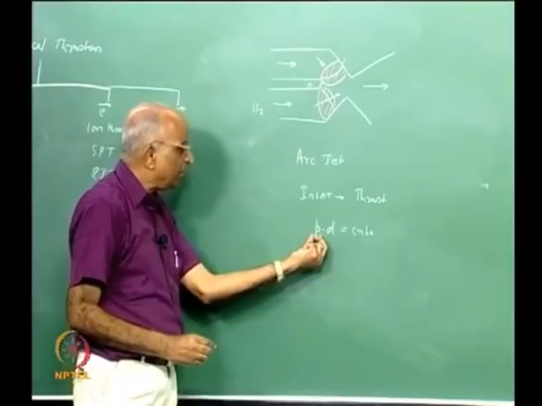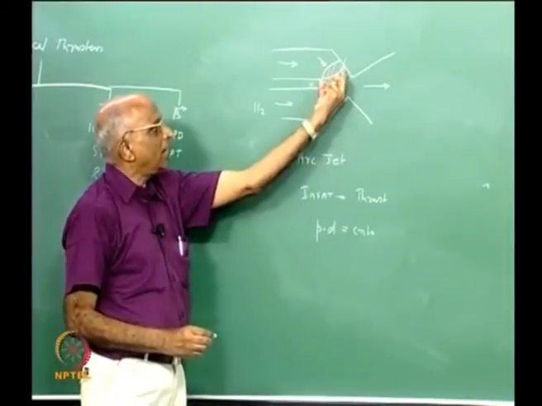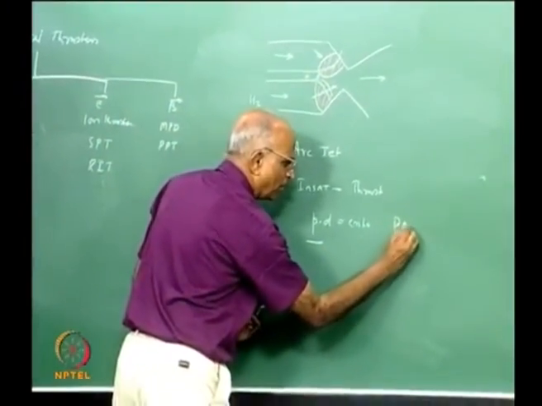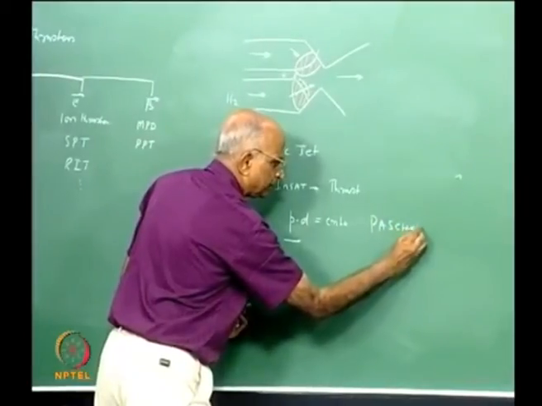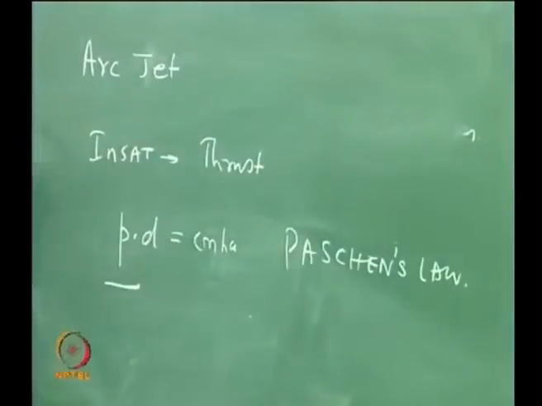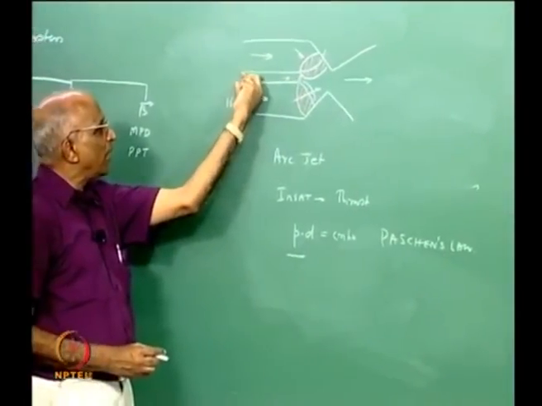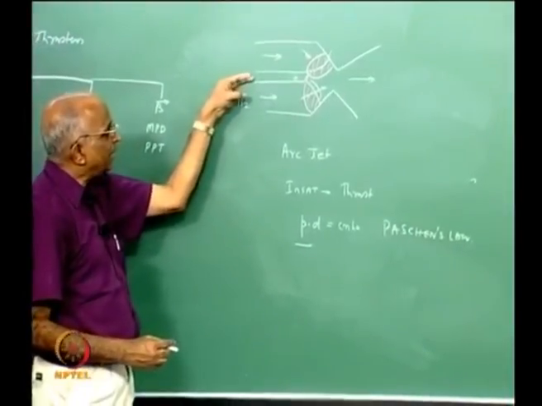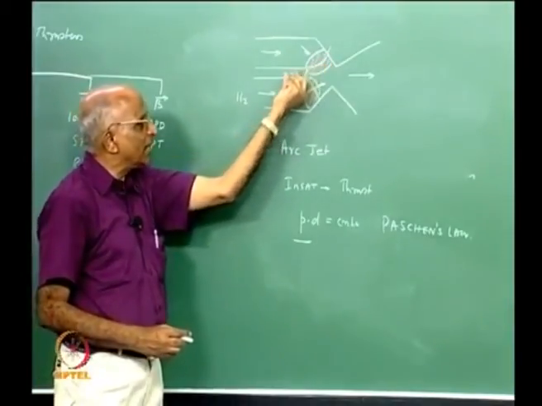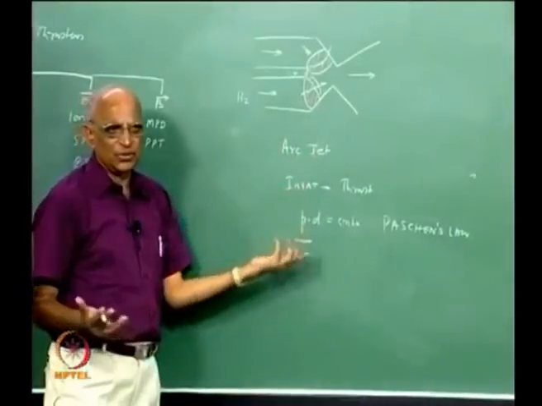The product of pressure and distance defines when an electrical arc can be found, and this is what is known as Paschen's law. Some people make use of this for starting a thruster, others make use of, maybe I mount this in a gear train and I can advance this up and down, I strike an arc at a low distance and then I bring it to equilibrium and still maintain an arc, and therefore this is how an arc jet works.